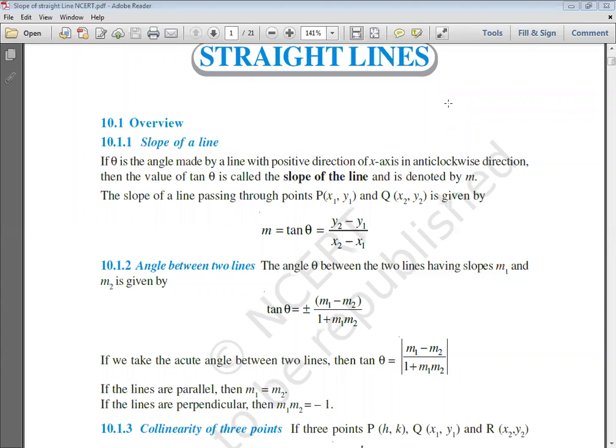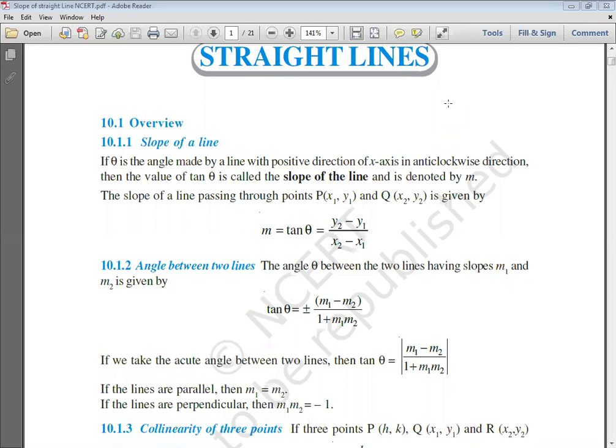So the tan trigonometric ratio of the inclination of a line is defined as slope. If theta is the inclination of a line, then the slope of the line is defined as tan theta. You can treat this as the formula for finding the slope of a line. To know the slope of a line, we need the inclination of the line with respect to the positive direction of the x-axis.